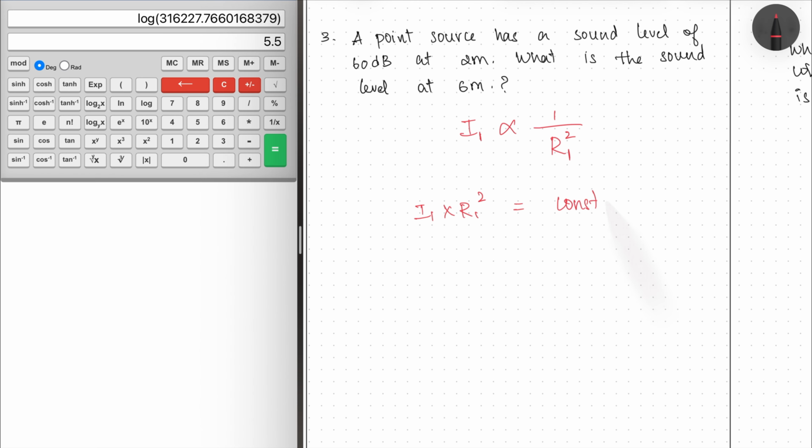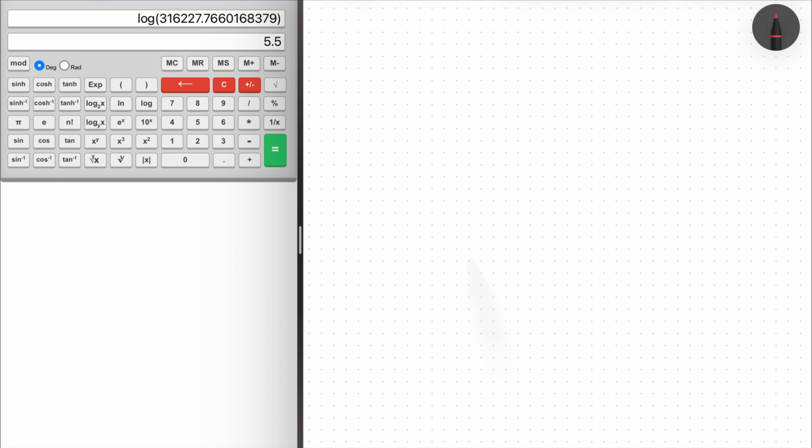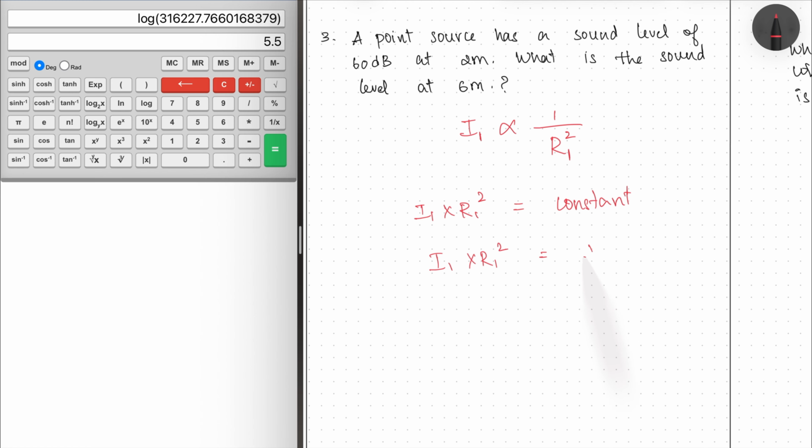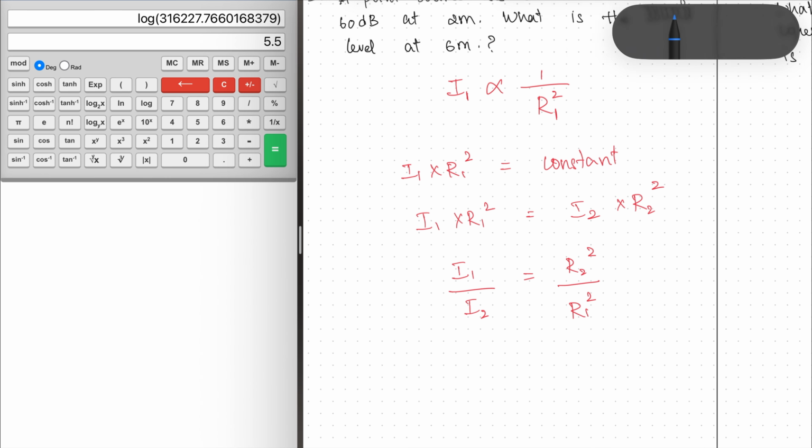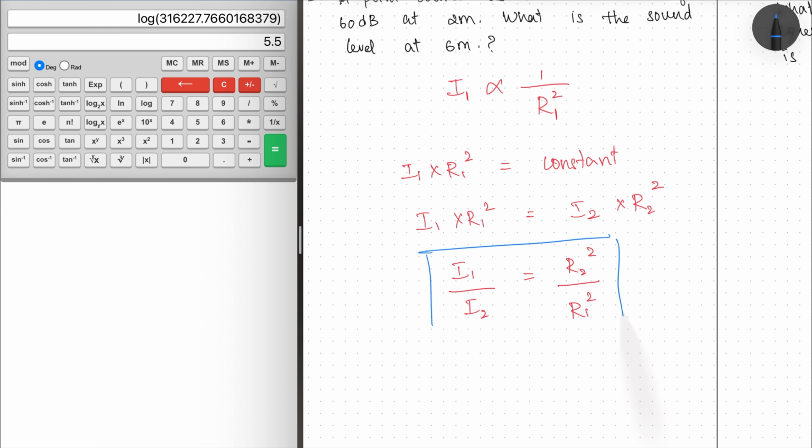And when you compare it with the same point source but with another intensity and at another distance, you can write it as I1 into R1 square is equal to I2 into R2 square. So this can also be written as I1 by I2 is equal to R2 square by R1 square. Even if you don't remember the above steps, just remember this formula: I1 by I2 is equal to R2 square by R1 square.